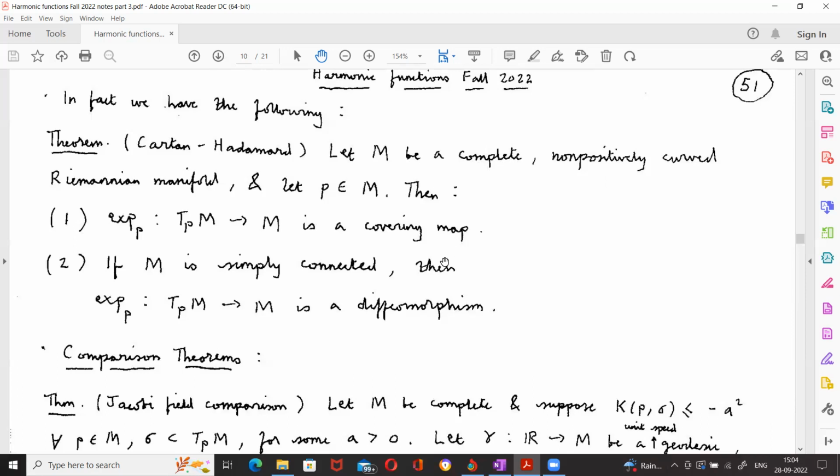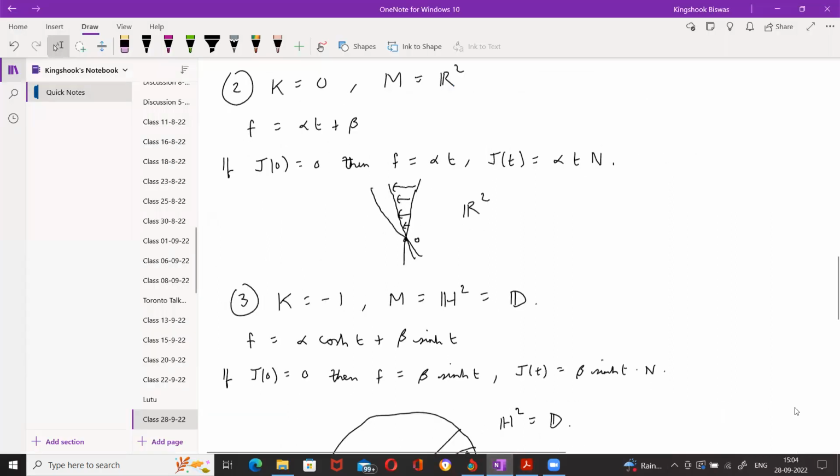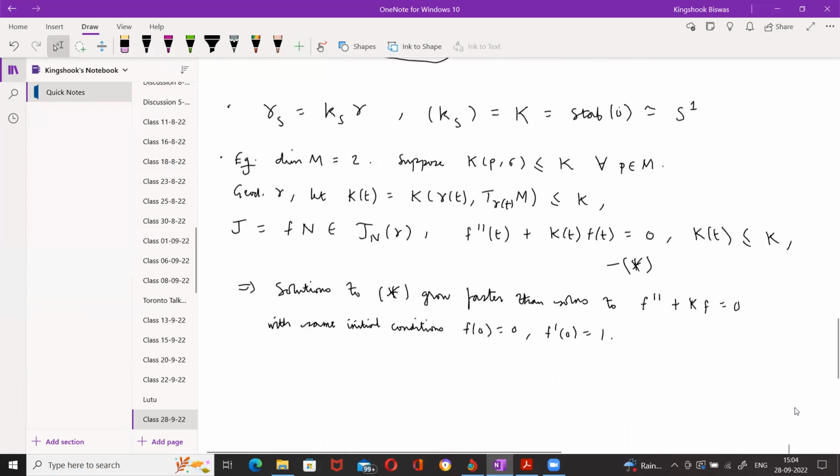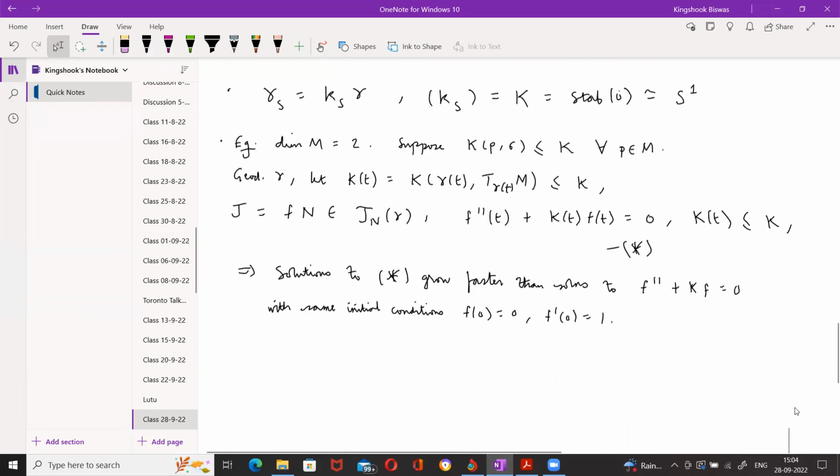So I should just say, thanks to this theorem, this is just useful terminology, a Hadamard manifold is exactly a manifold which satisfies the hypothesis of the Cartan-Hadamard theorem.